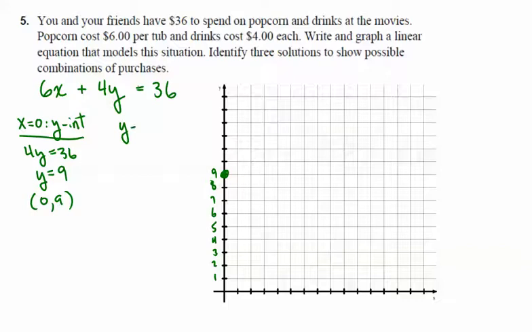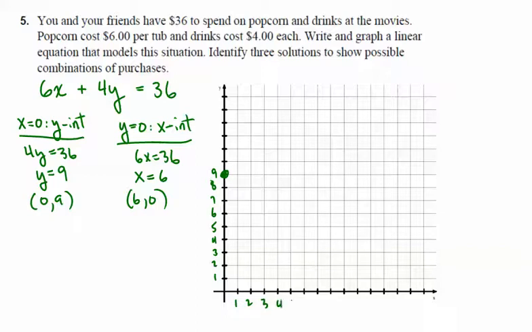Next, we want our y to be equal to 0. That will give us our x-intercept, and y is equal to 0, and we get 6x is equal to 36. So x is equal to 6, and we get the point 6, 0. So 1, 2, 3, 4, 5, 6.